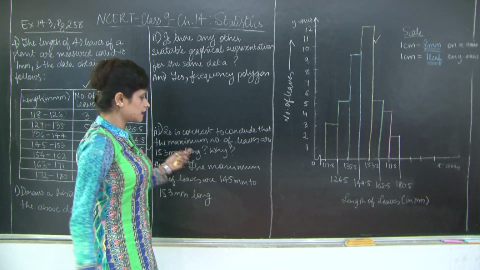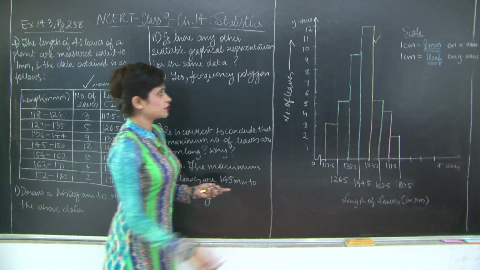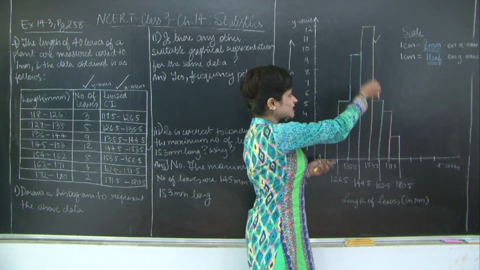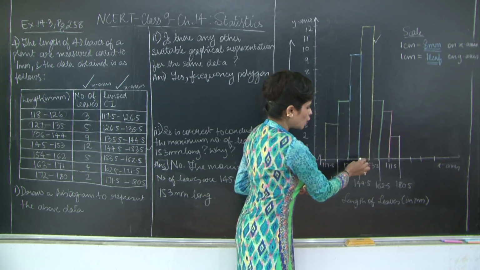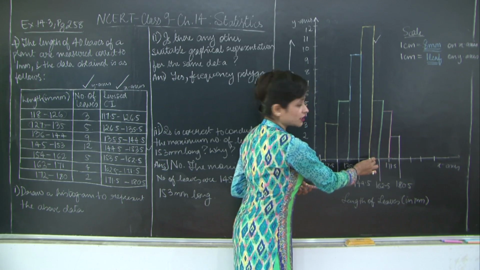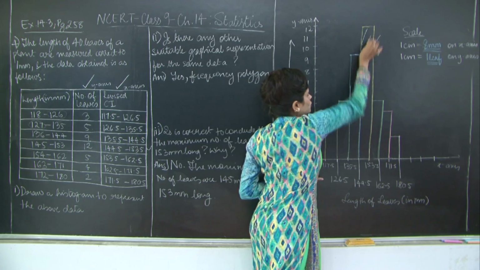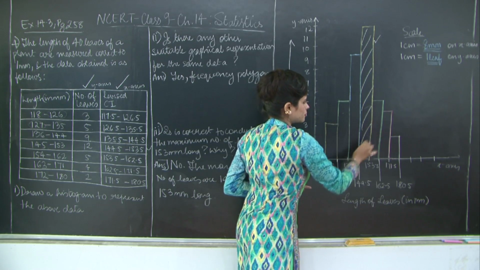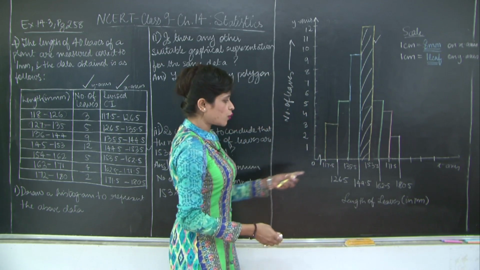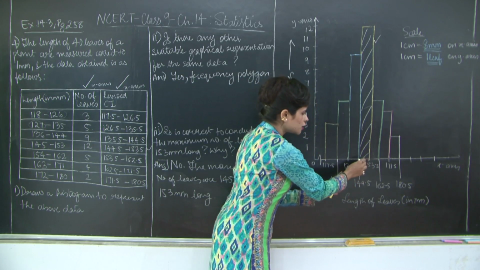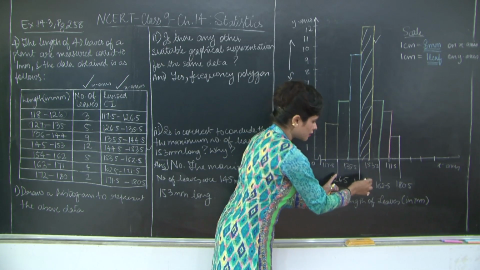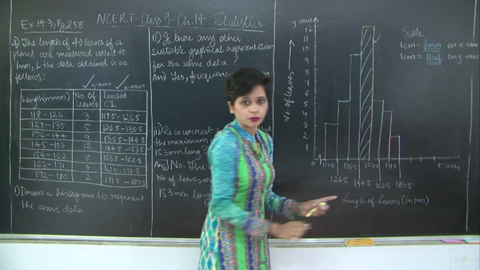So again, revising the last question, the maximum number of leaves belongs to this category. This category is coming under the range 144.5 to 153.5, right? This yellow bar, if you notice. So it's not just 153, it's a collection of two classes, that is 144.5 and 153.5.